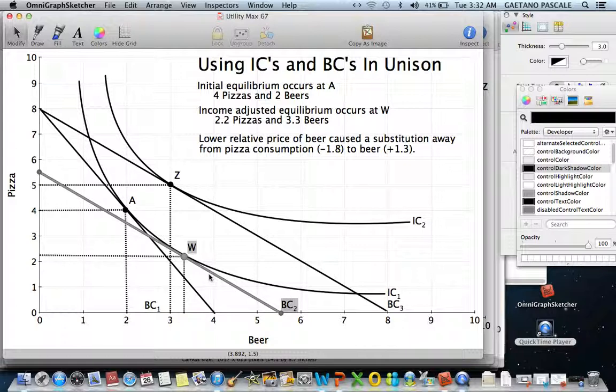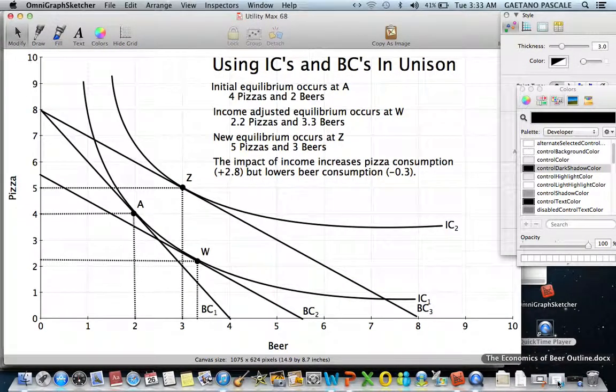So what I've been able to do here is split out the impact of income and the impact of the substitution effect. Make sure you realize that the change in consumption as we go from this point to this point is manifested in two situations, the income and the substitution effect.